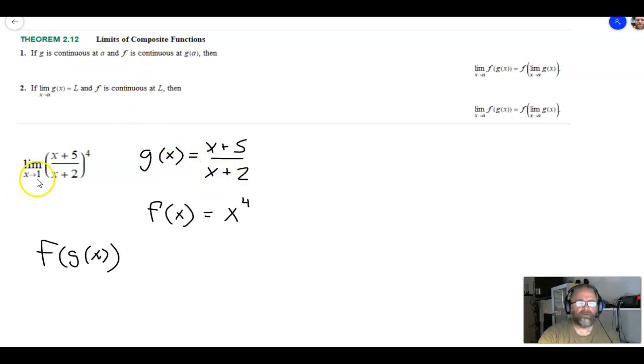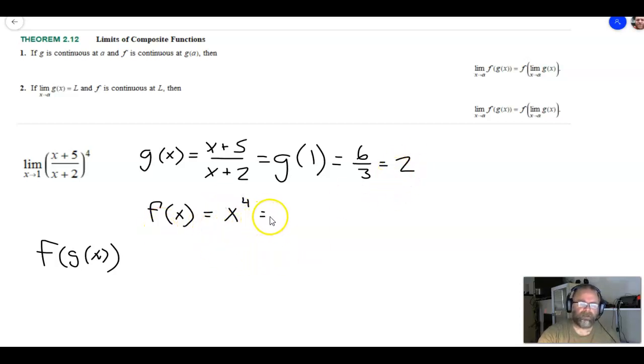So if we put in the 1, which is our a, we're going to get g of 1 is equal to 6 over 3, which is equal to 2. And then we need to make sure that the next function, the f of x, is continuous at 2.